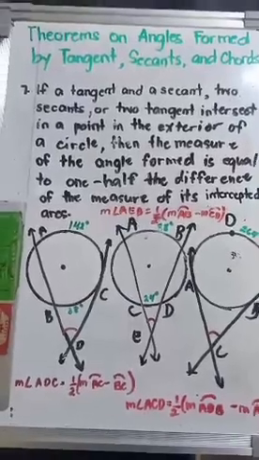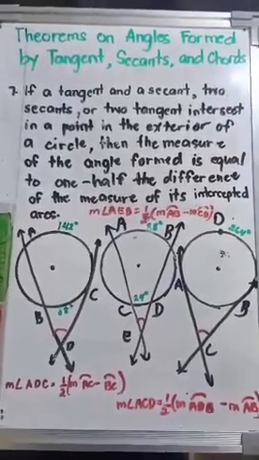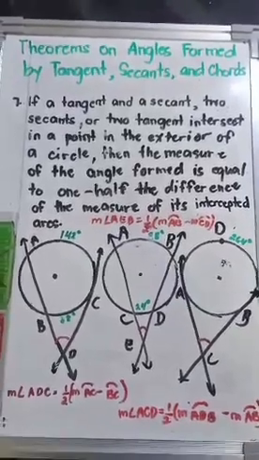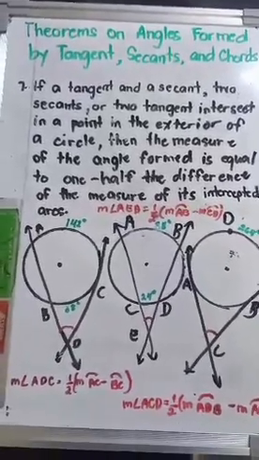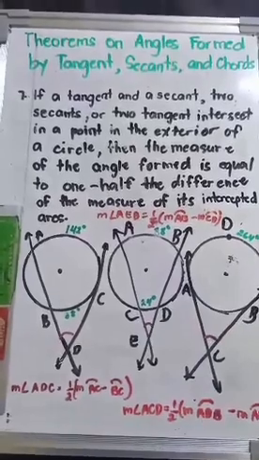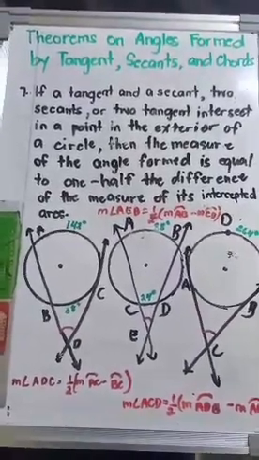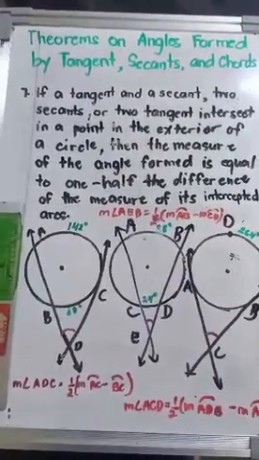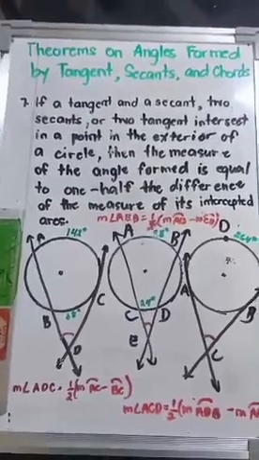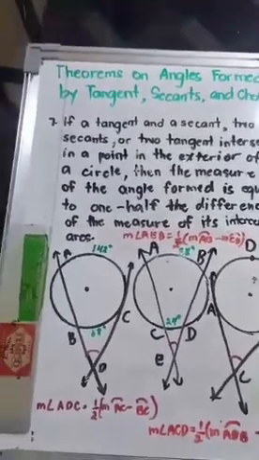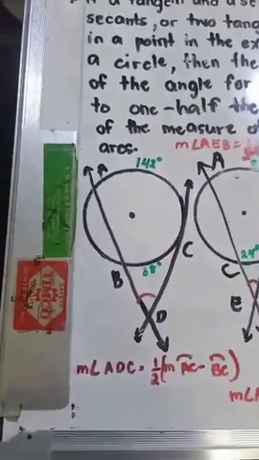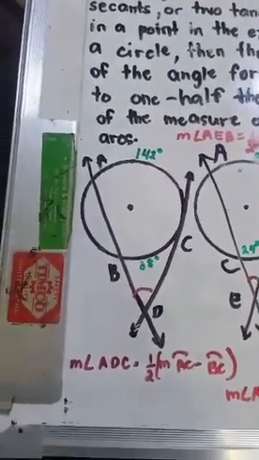So, let's have the last one. If a tangent and a secant, two secants, or two tangents intersect at a point exterior to a circle, then the measure of the angle formed is equal to 1/2 the difference of the measures of its intercepted arcs. So, for example, we have here a tangent and a secant.